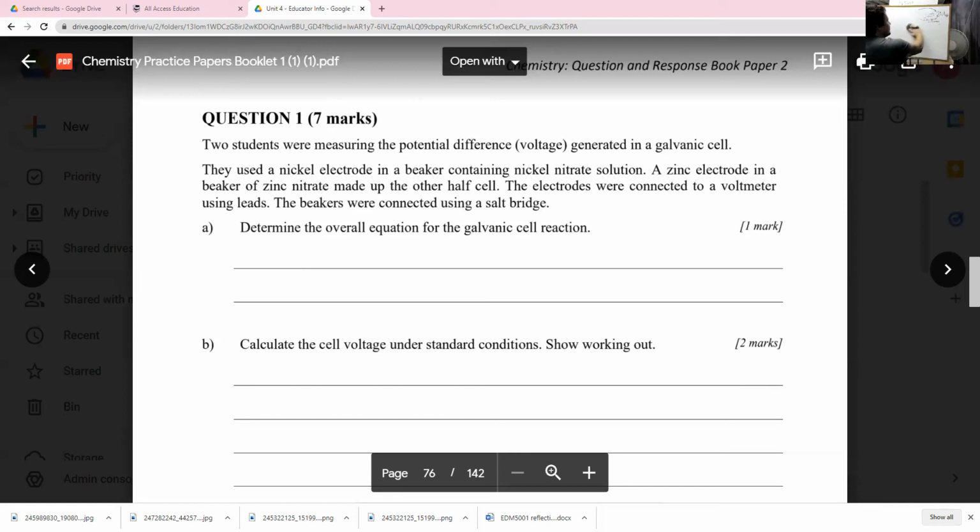You'll find that zinc sits higher, and zinc will be oxidized.